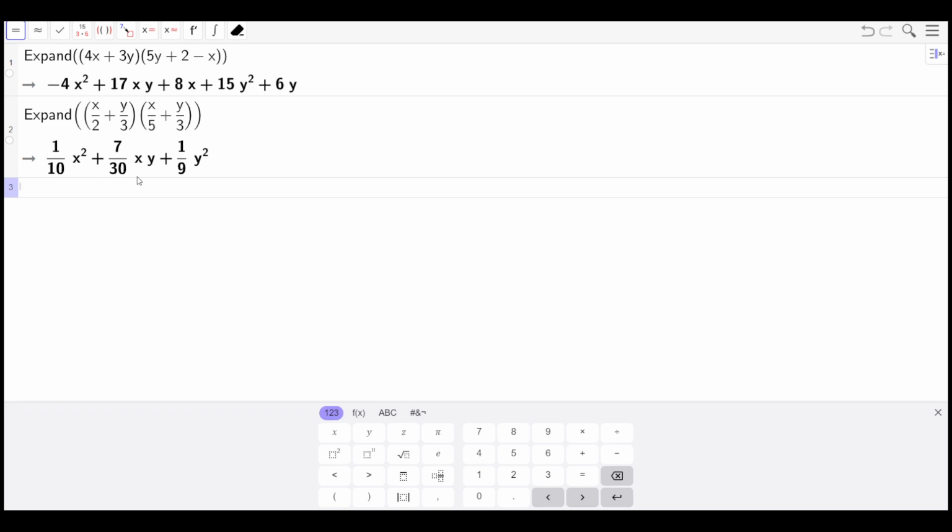What is the degree of the middle one? 1 with respect to x, 1 with respect to y. But if I just say degree, you add these two numbers. 1 for x, 1 for y, in total 2. So again, the degree of the middle term is 1 with respect to x, 1 with respect to y. If I just say what the degree is, I mean in total, which is again 2. And the last term is also 2.